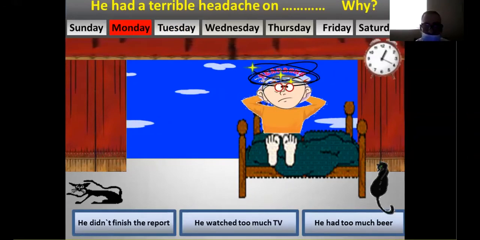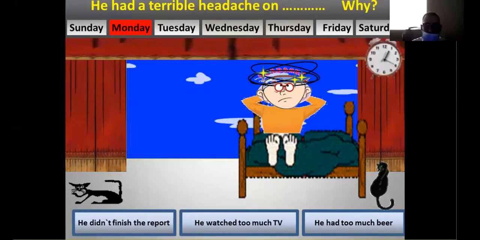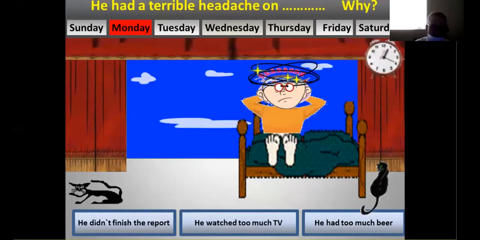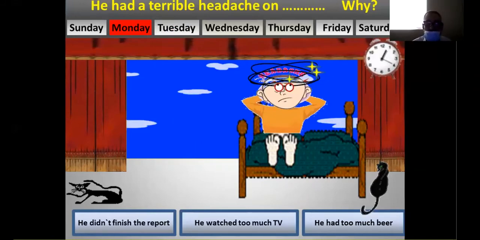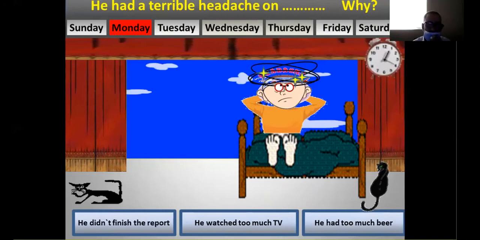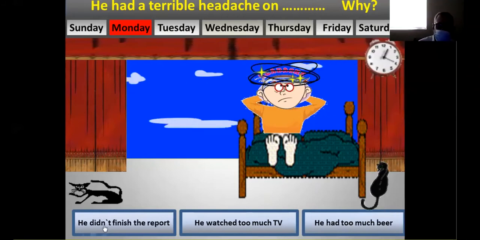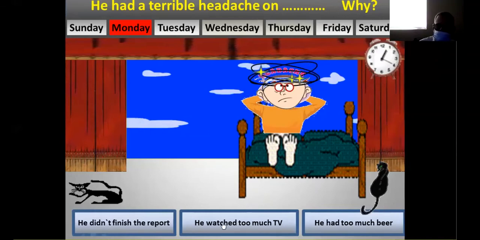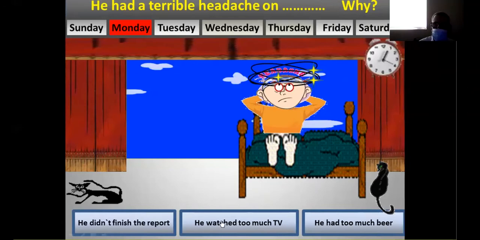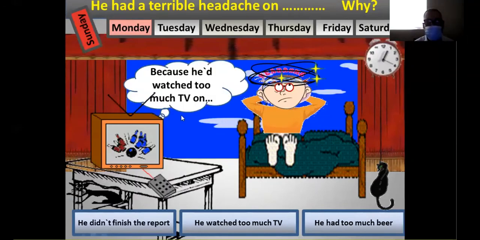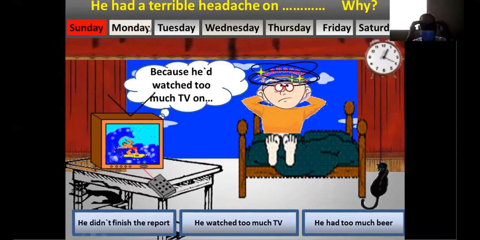On Monday, what happened? He had a terrible headache. You know, headache? This is the illness of headache. He had a terrible headache on Monday. Why? Well, check now. He hadn't finished the report. He watched too much TV. Okay, let's see this. Because he had watched the TV on Sunday, so on Monday he had a terrible headache.